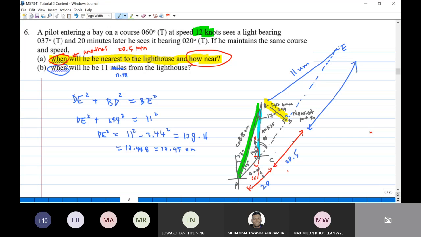Okay, so how long does it take now? The speed is 12. So for time, you use speed equals distance over time. Time we don't know, right? Speed is 12. Distance is 10.45.